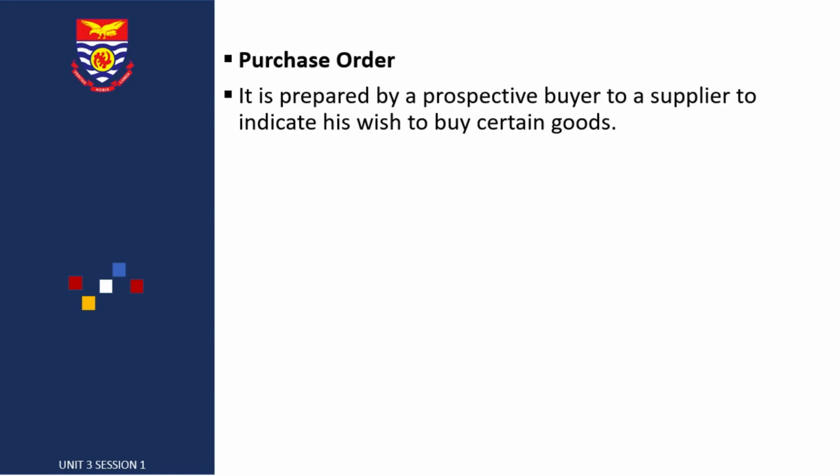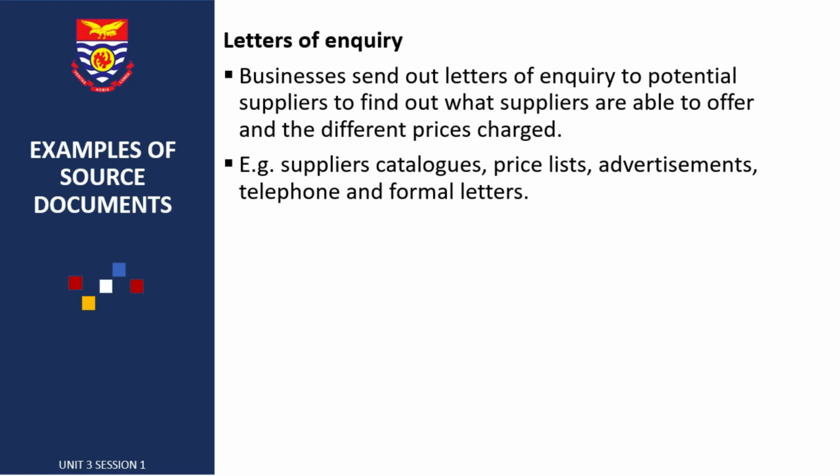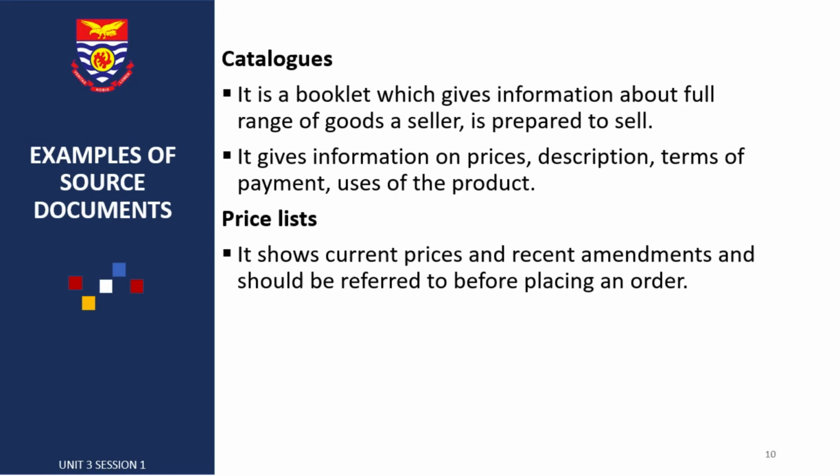Purchase order. It is prepared by a prospective buyer to a supplier to indicate his wish to buy certain goods. Letters of inquiry. Businesses send out letters of inquiry to potential suppliers to find out what suppliers are able to offer and the different prices charged. For example, suppliers' catalogs, price list, advertisements, telephone, and formal letters.